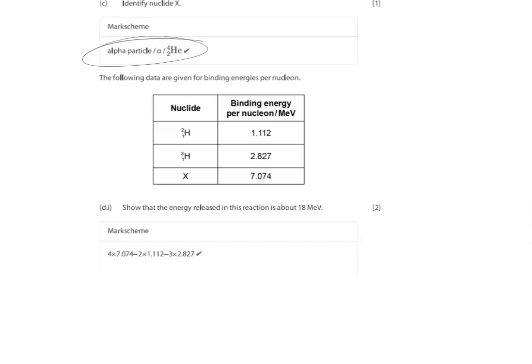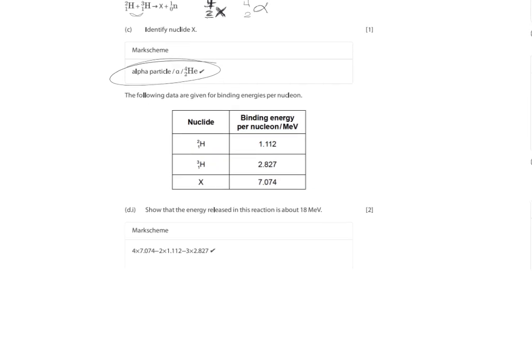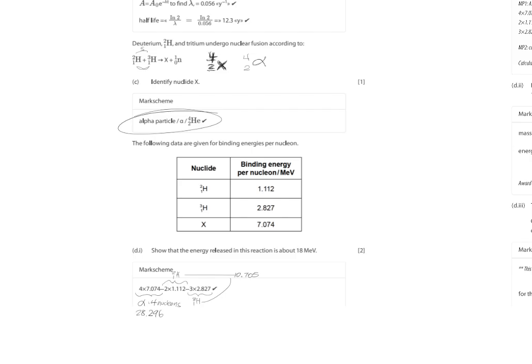Very smart. So the mark scheme says 4 times 7.074 minus 2 by 1.112 minus 3 times 2.827. What's happening is they're actually working starting with the products, and so that alpha particle represents 28.296 mega electron volts of binding energy for the 4 nucleons, and then the deuterium and the tritium that fused to make the alpha particle, throw that together, you get 10.705.